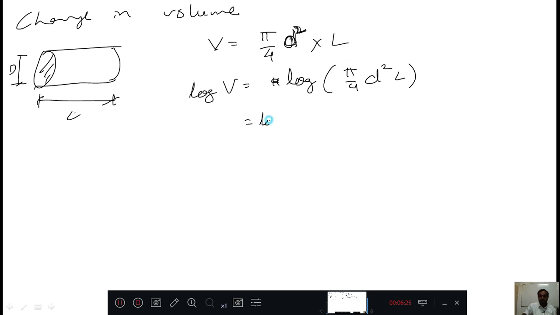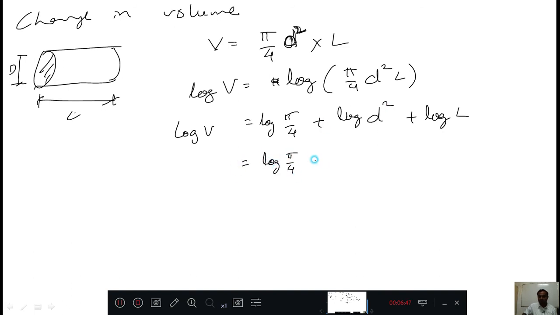Like that, log pi by 4 plus log d square plus log L. This is your log V. You know that log m to the power n is n log m. Therefore, this 2 will come this side. Therefore, this is your log pi by 4 plus 2 log d plus log L.